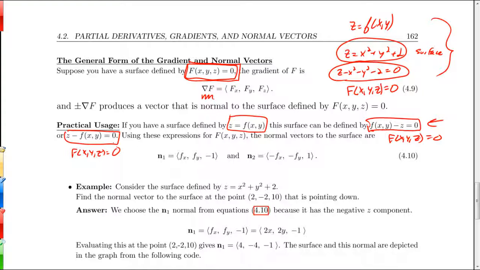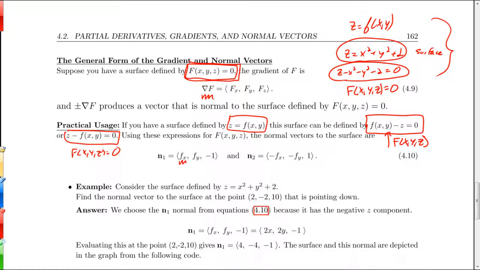And if you take the gradient of either one of these, let's take the gradient of this first one. I'll call this left-hand side F of x, y, z. The partial of that with respect to x, well, the z's gone, so it's just the partial of little f with respect to x. So you get little f sub x. And the partial of this with respect to y, well, the z is constant, we pretend it's constant, so it's gone.